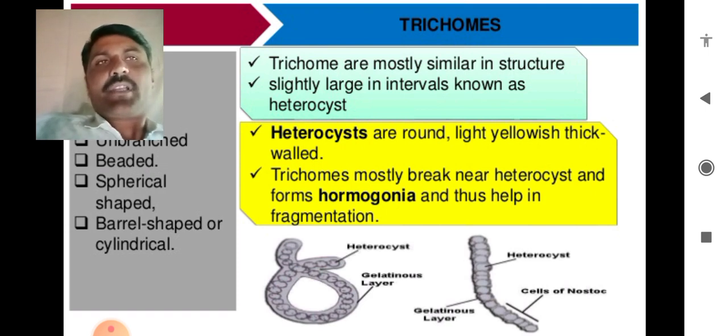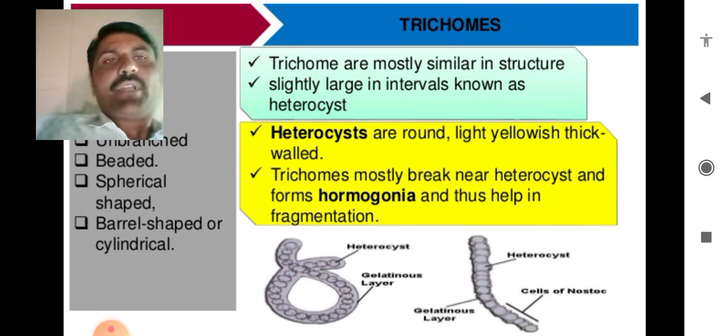But in the case of Nostoc, a filament is called a trichome, mostly similar in structure, and slightly large at specific intervals, those being known as the heterocyst.